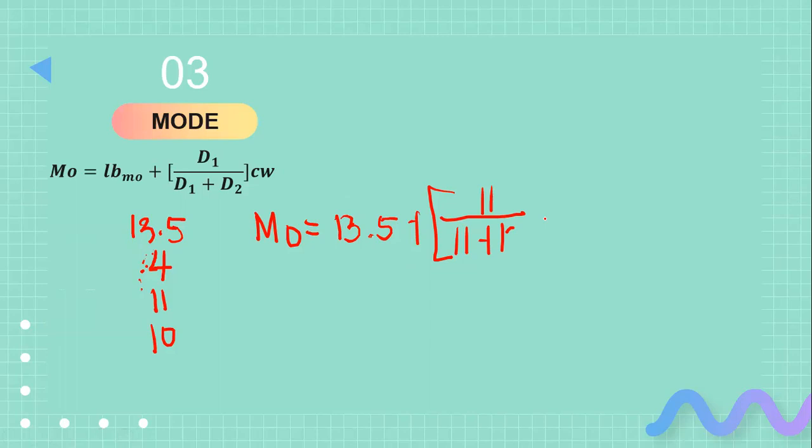Okay, let's proceed. So 11 plus 12, then the CW, which is 4. Okay, we will add that class.